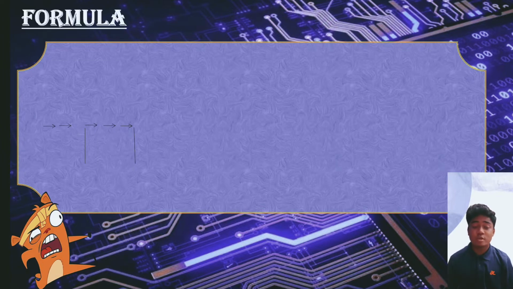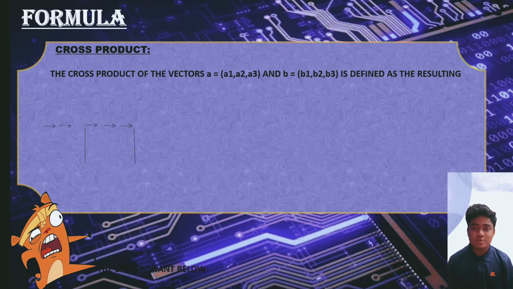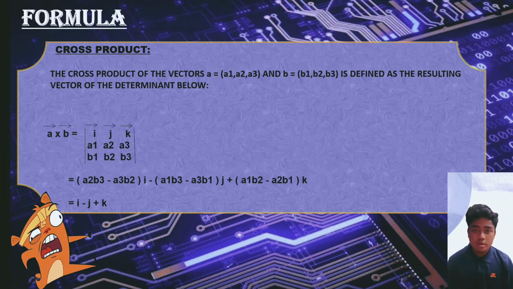Formula for cross product. The cross product of the vector A equal to A1, A2, A3 and B equal to B1, B2, B3 is defined as the resulting vector of the determinant below. We need to arrange the following equation according to the arrangement method set using the specific symbols that are i, j, k. Arrange the equation in form of rows.